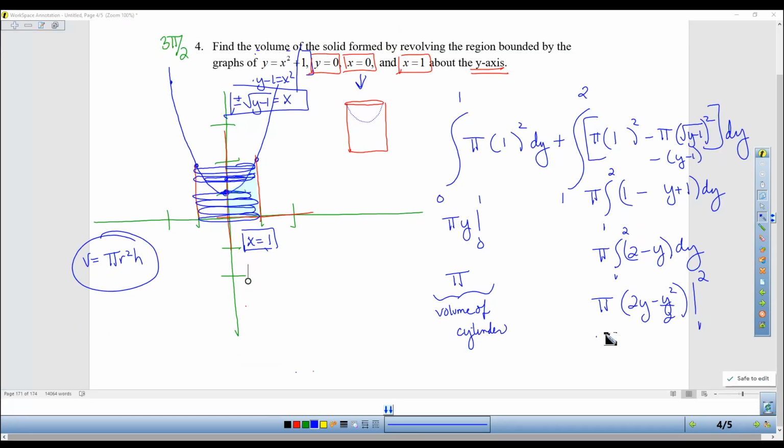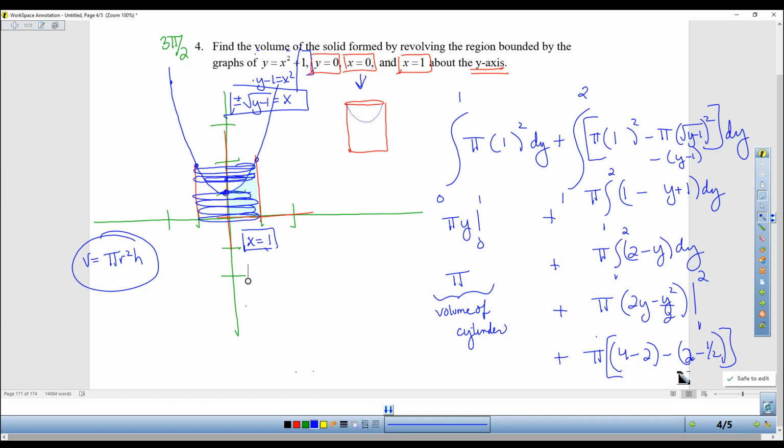And when I plug this in, we're going to add this to our pi over here. I don't want you to lose sight of it. When I plug a 2 in, I get 4 minus 2. When I plug in a 1, I get 1 minus 1/2. Not 1, sorry, 2 minus 1/2.